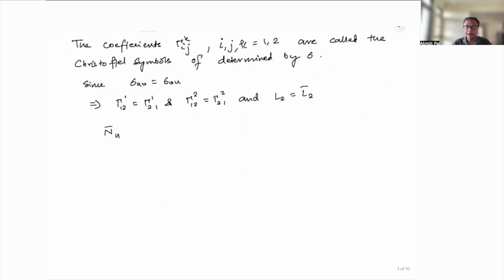So you can write it as a linear combination of sigma u and sigma v: A sigma u plus B sigma v. And similarly, N bar v is equal to C sigma u plus D sigma v.